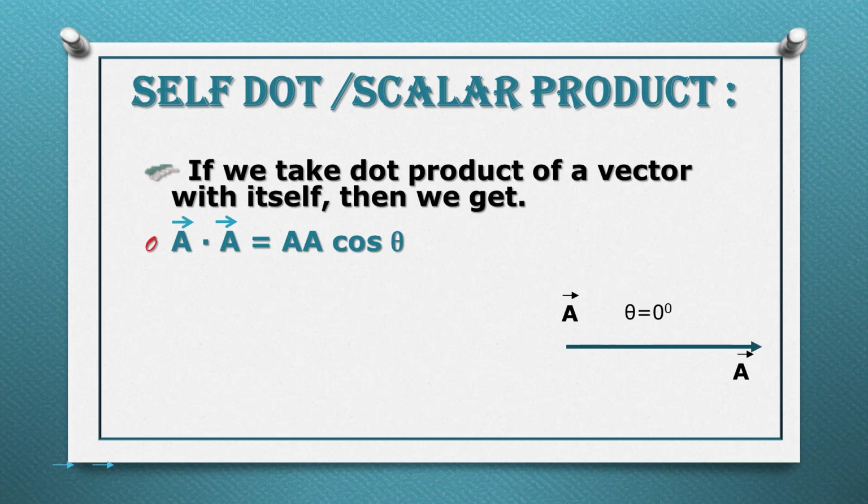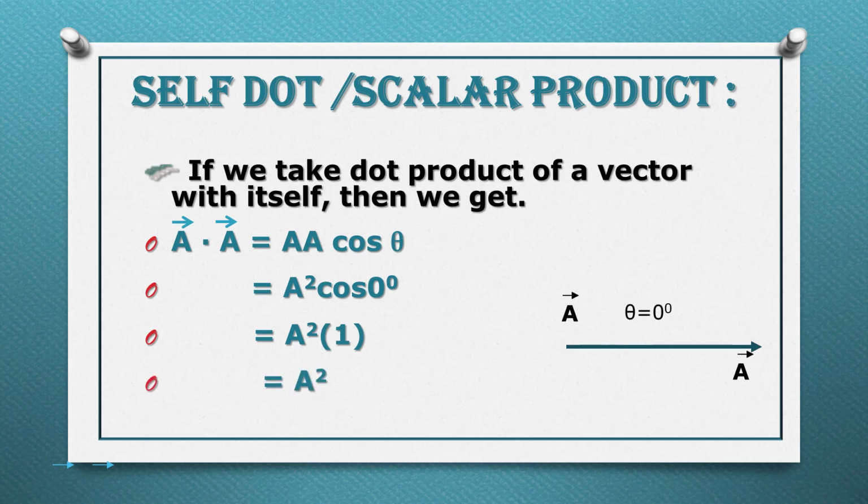Vector A dot vector A is equal to AA cos theta. If the vectors are the same, they are along the same direction, so the angle between them must be 0, and we can write it as A square cos of 0 degrees. That is equal to A square into 1, since cos of 0 is 1, that is equal to A square.